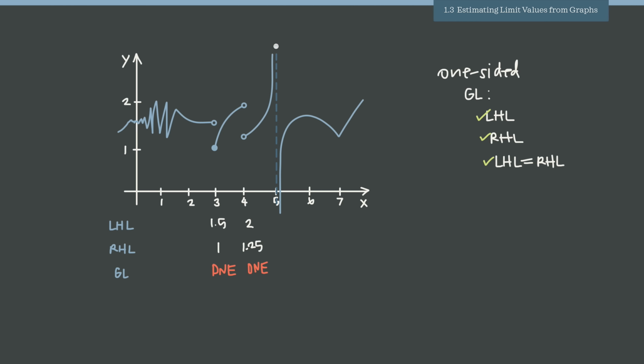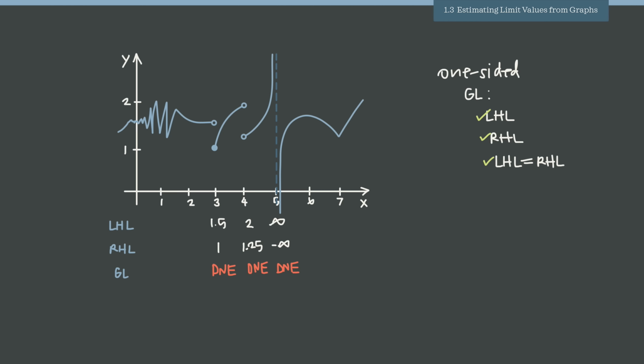So as we approach x equals 5 from the left-hand side, tracing the graph along, we can see we're headed up toward positive infinity. So we would say the left-hand limit is positive infinity. The right-hand limit, as we're tracing the graph toward x equals 5 from the right-hand side, we're headed off toward negative infinity. And because these two are unequal, the general limit does not exist.